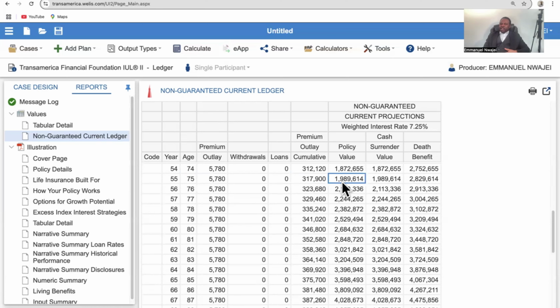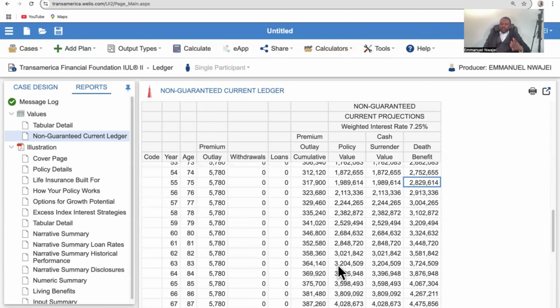Then you can see the interest this portfolio has produced for him, which is $1.9 million. Now this is the amount that is ready for the person to cash out tax free without paying any tax, no charge and all that. They will send the check to you based on request. Then this is the total death benefit. You see the power of compound interest, and you can go on and on and on.